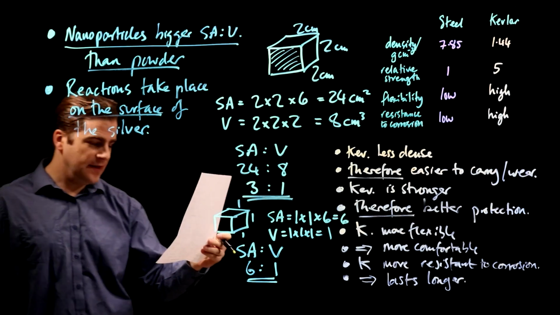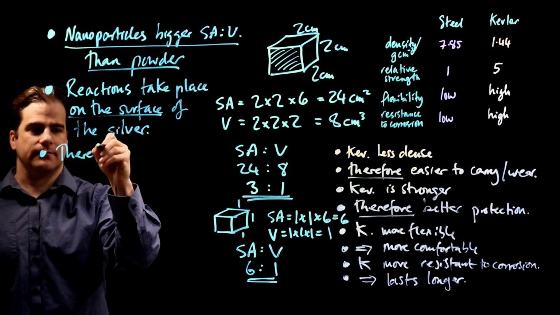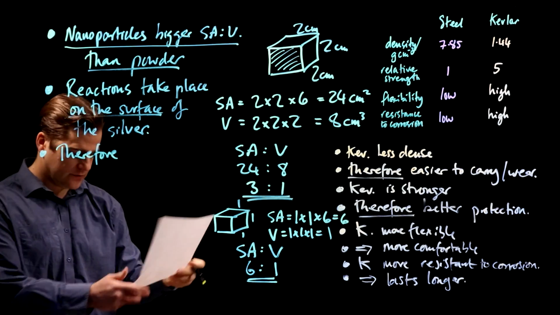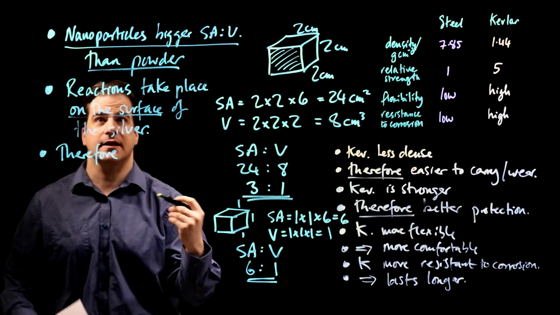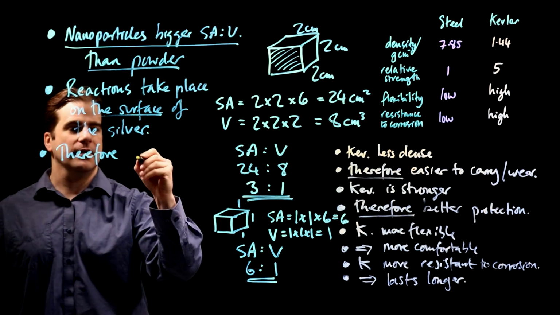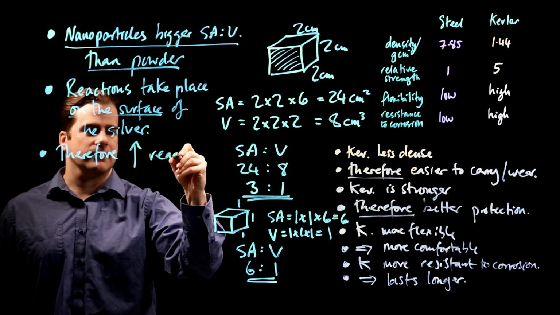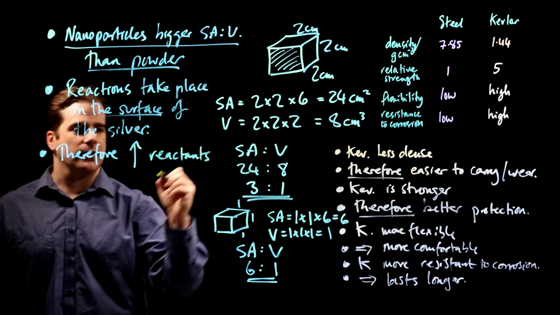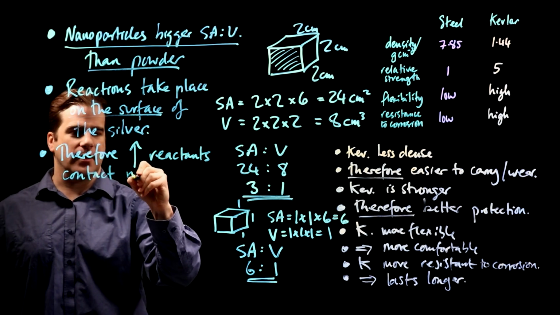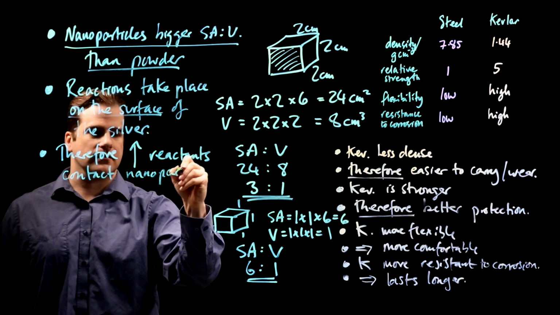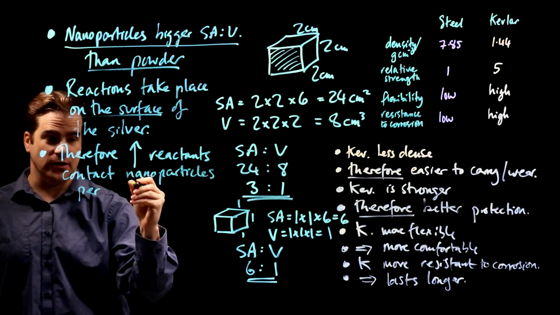So, next, you would say, therefore, what should we say? More molecules will come into contact with the nanoparticles per second. Okay? Therefore, more reactants contact the nanoparticles compared to the powder per second or per unit time.